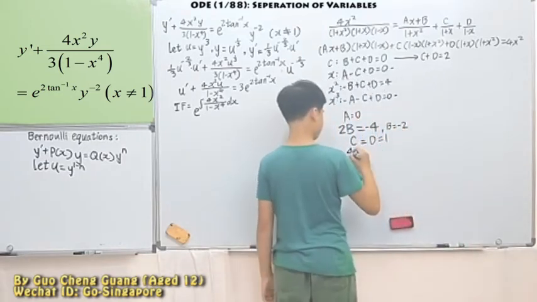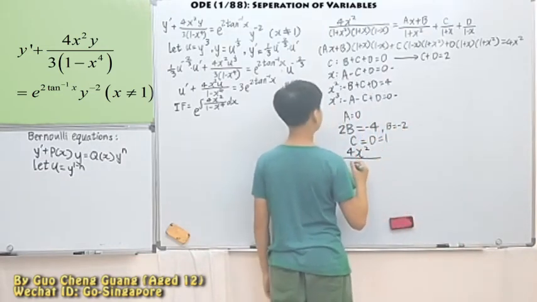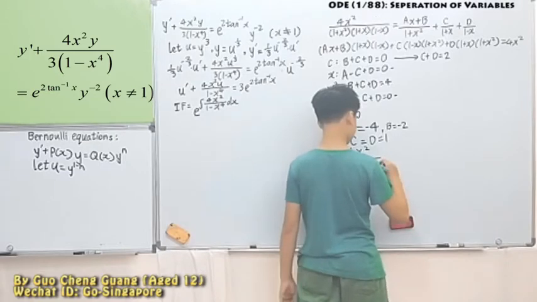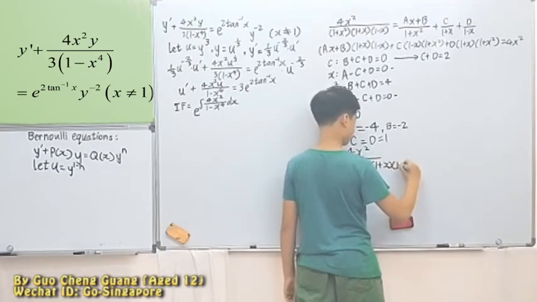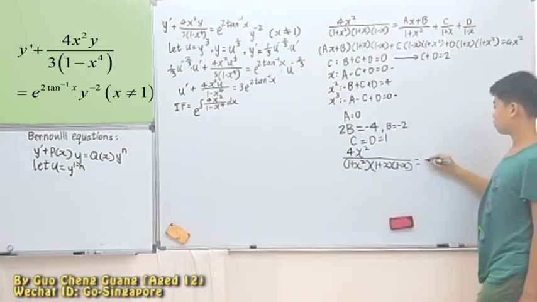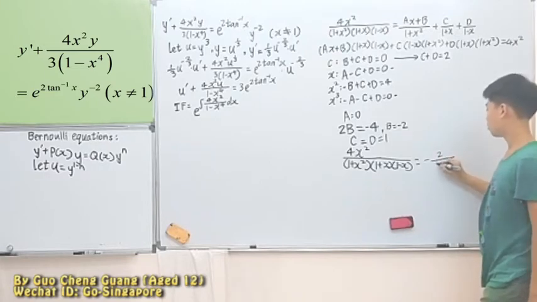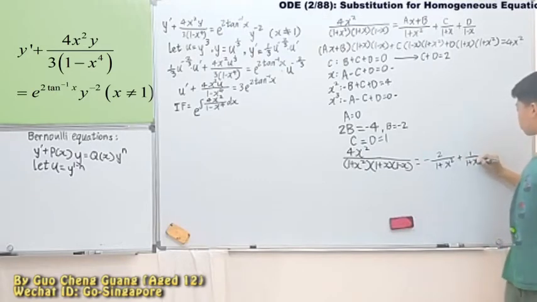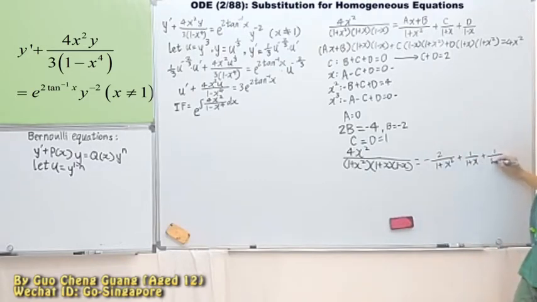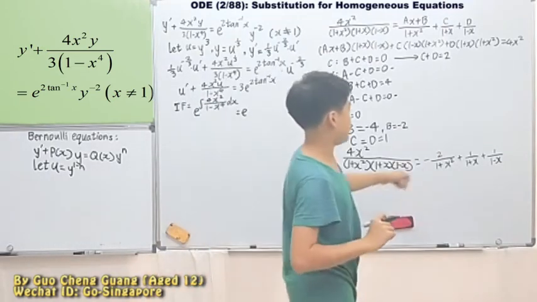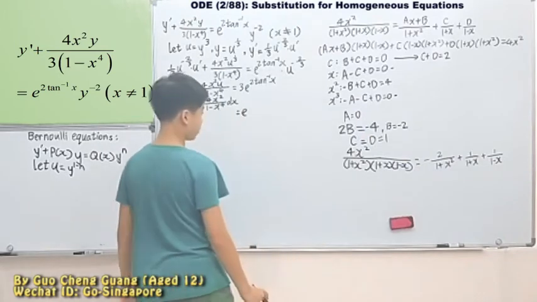So that means you get these 3 parts. And that means here. But then you still have to integrate them. Now integrating them.